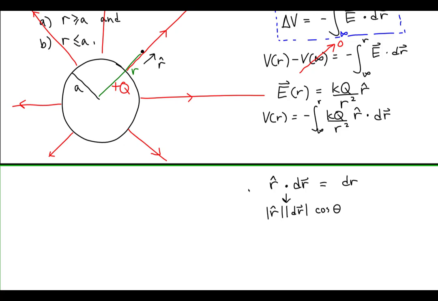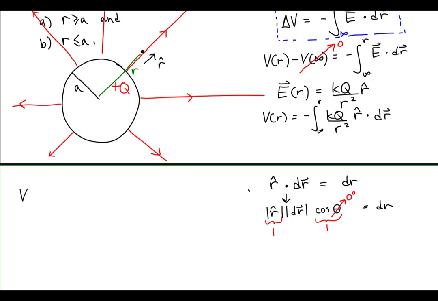Well, r hat and the displacement differential have an angle of 0 degrees between each other, and the cosine of 0 degrees is 1. The magnitude of a unit vector is always exactly equal to 1. So we are left with the displacement differential.